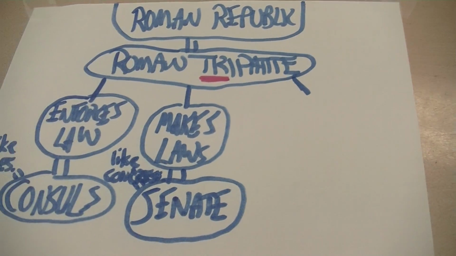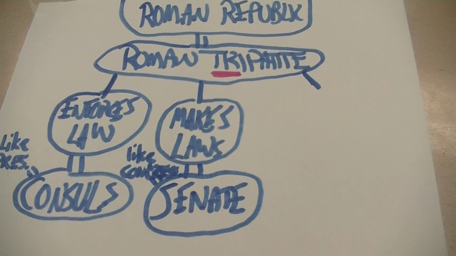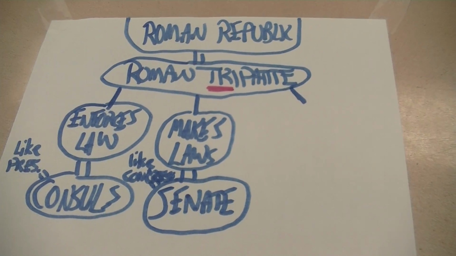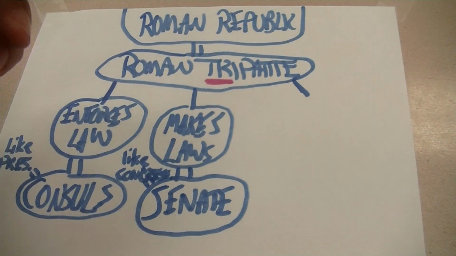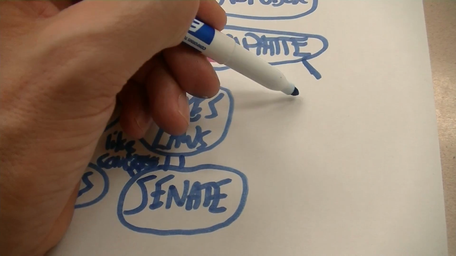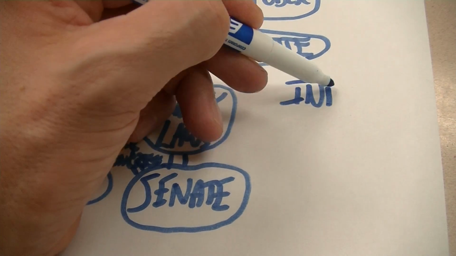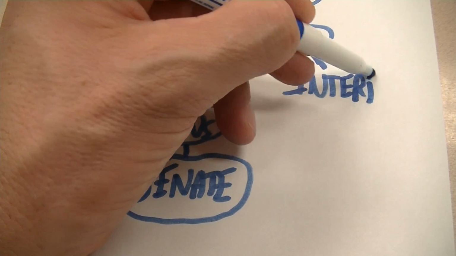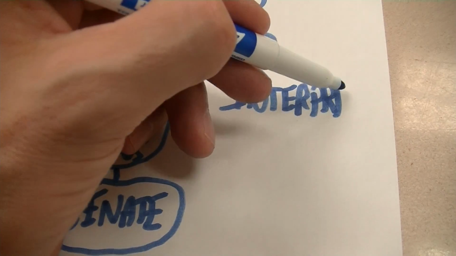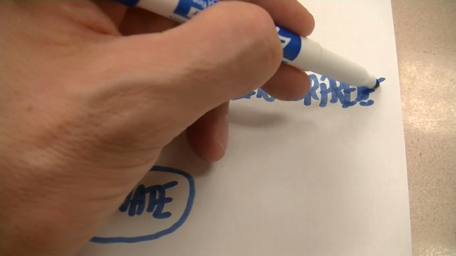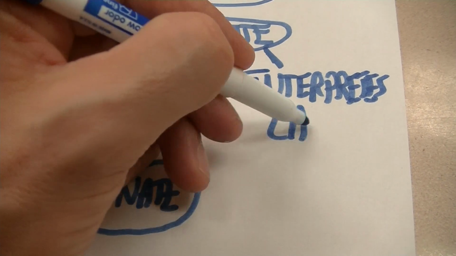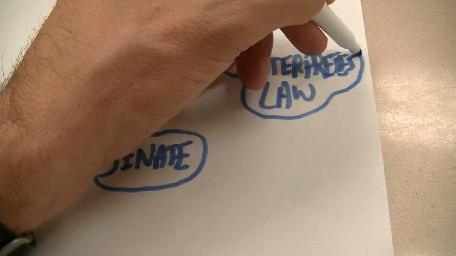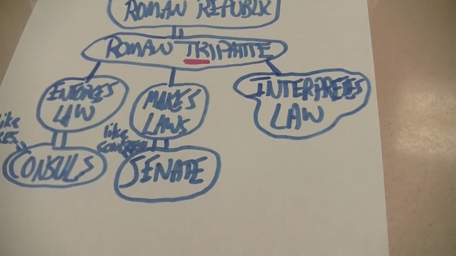All right, the third group of the Roman tripartite is the group that interprets the laws. Means they tell us what the laws mean.